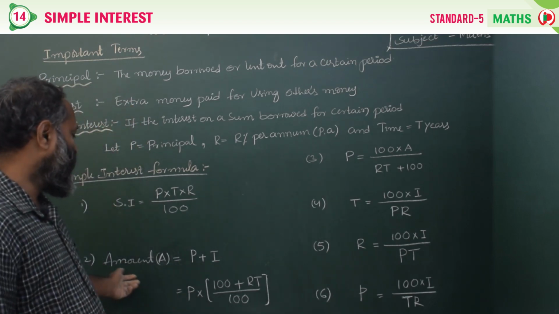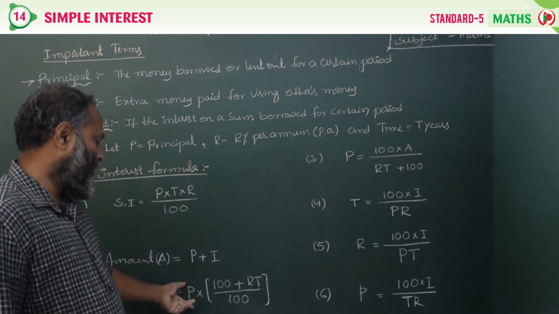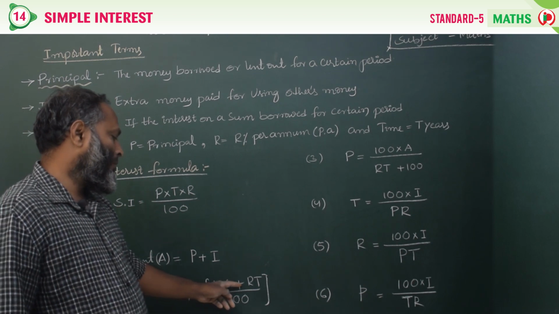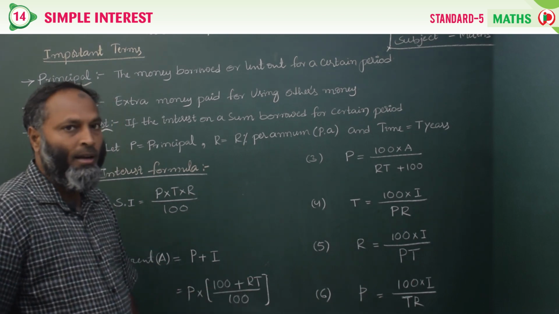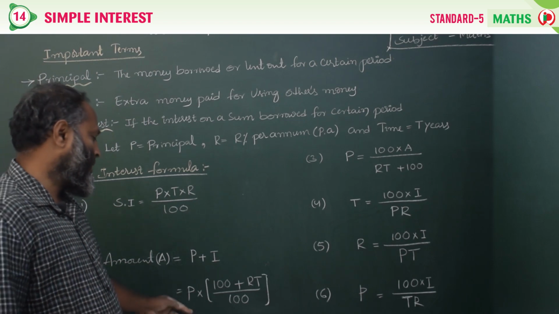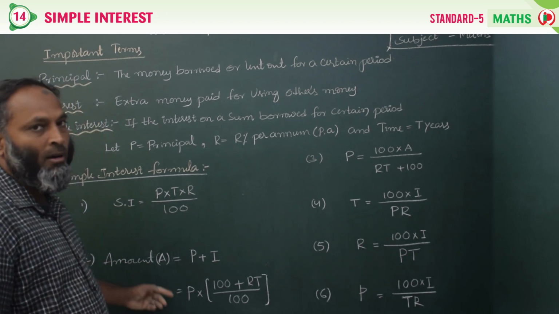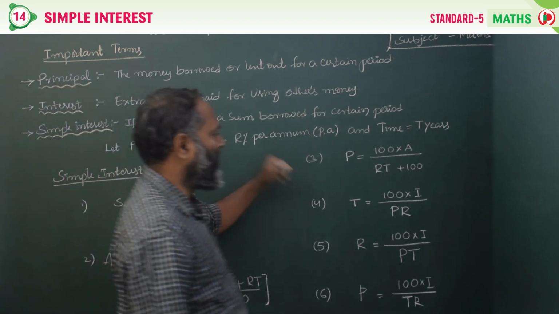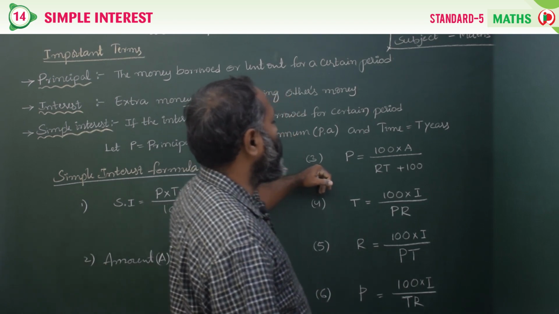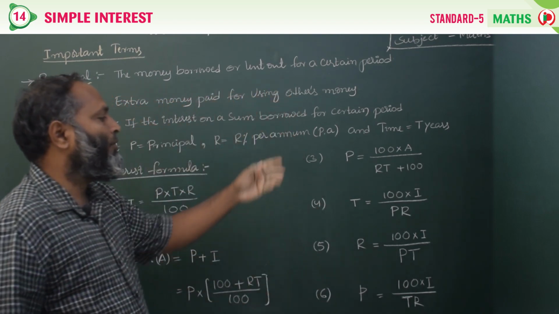So how to find the amount? The formula is P into (100 plus RT) by 100. This is the formula for finding the amount. Now, if you know the amount, how to find the principal?